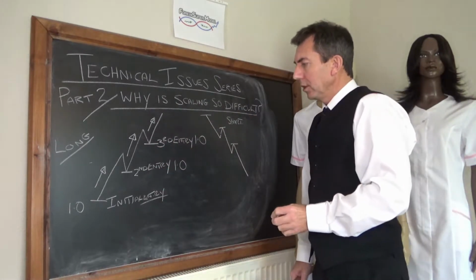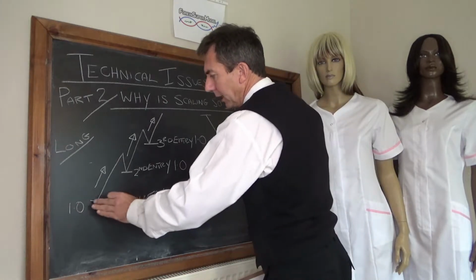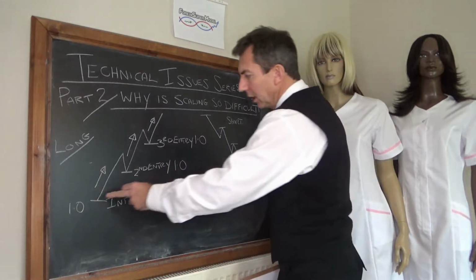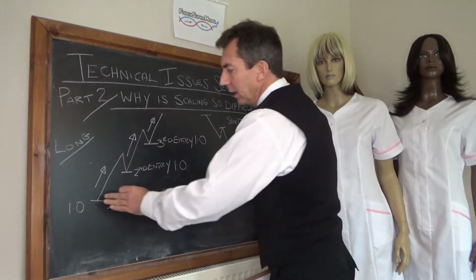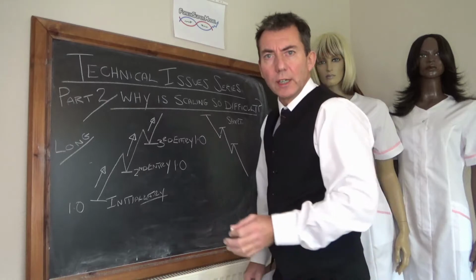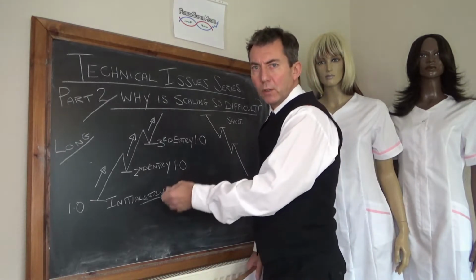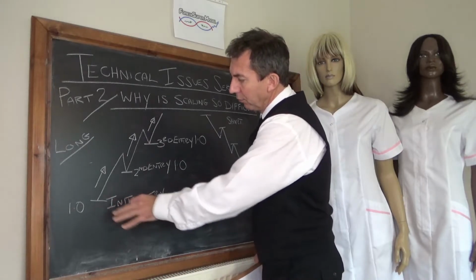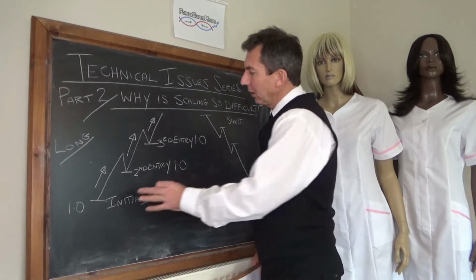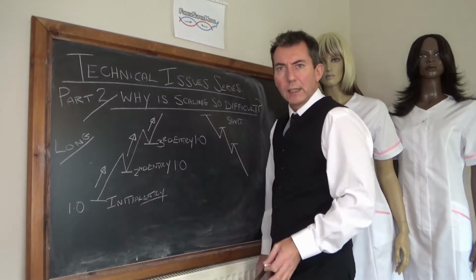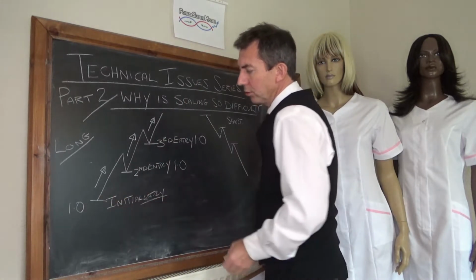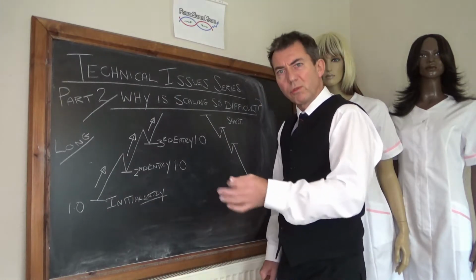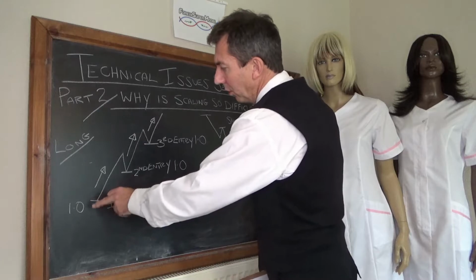Now, the first issue is, as I say, your account size. If you're a strict 1%er, then in order to have any scaling trades, you've got to go in at less than the equivalent of 1% of your trade. So if you're looking for, say, 3 or 4 scaling trades on top of your initial trade, then your position size has only got to be 0.25 or 0.33, a third of your initial entry.